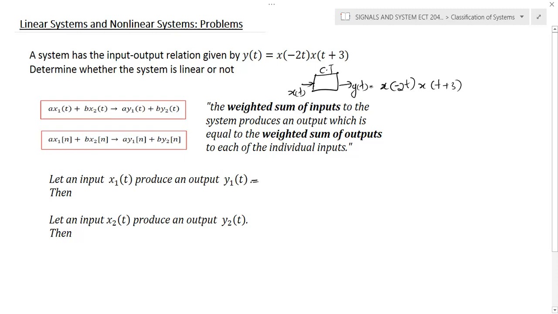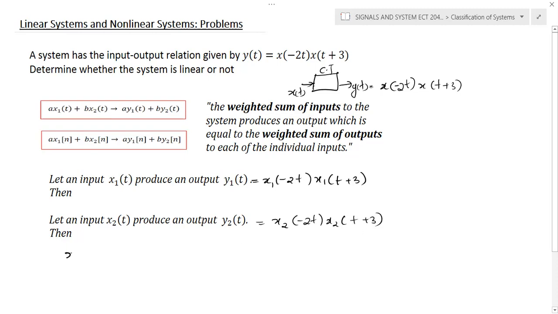And similarly, if x1 of t be the input and the corresponding output is y1 of t, this y1 of t you can write in terms of x1 of t like this, x1 of minus 2t into x1 of t plus 3. Similarly, for the next input x2 of t, the corresponding output is y2 of t, and you can write this y2 of t like this, x2 of minus 2t into x2 of t plus 3.